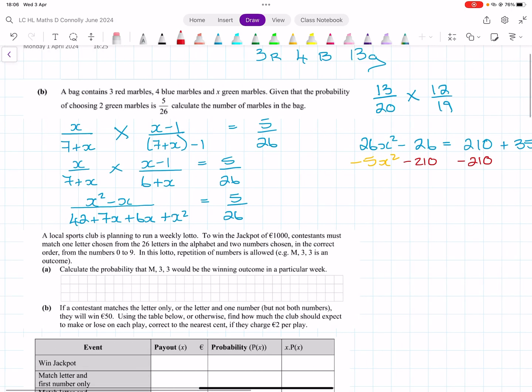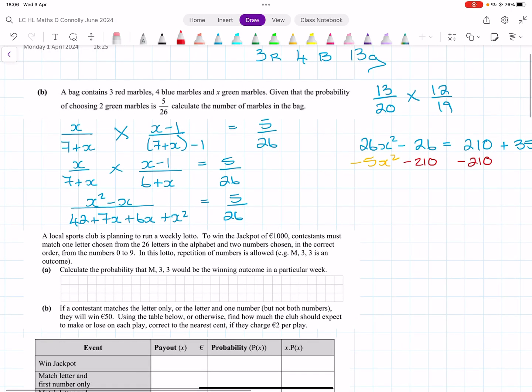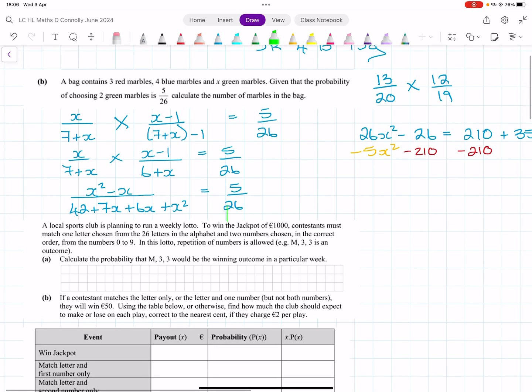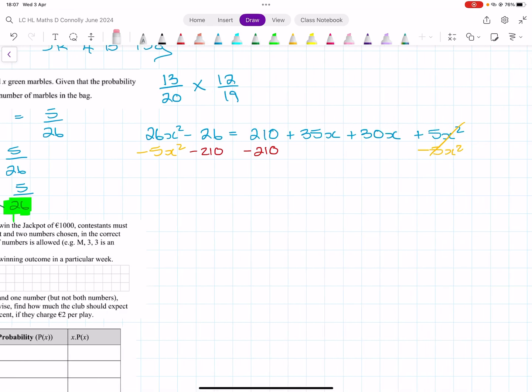I think I left the x off that, didn't I? Sorry. That by that is 26x squared minus 26x. So let me add in the x here. Minus 210, but I've nothing to minus it onto.